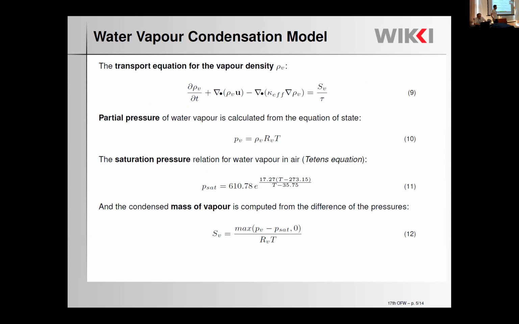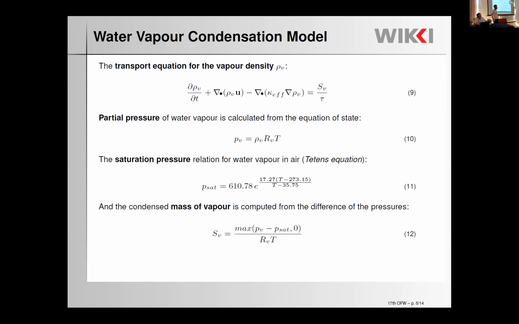The part that is implemented on top of the previous model is the vapor condensation model. This is quite a simple model. It consists of just one transport equation, for the vapor density, shown on the top. What we do in this case is we use the equation of state to move from the density to the pressure, to the partial pressure of the water vapor, and finally we compare this water pressure to the saturation pressure that is here calculated using this expression given by Tetens.